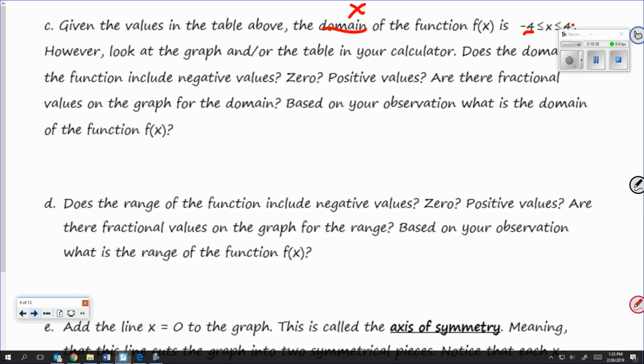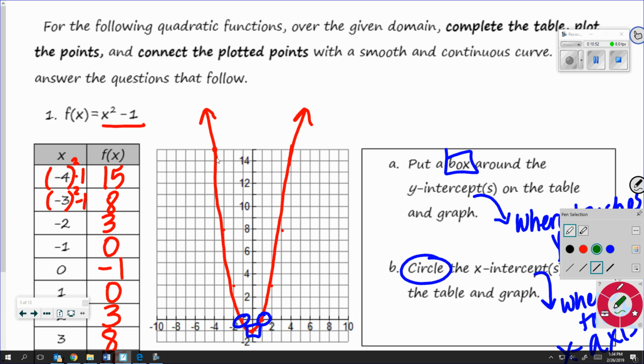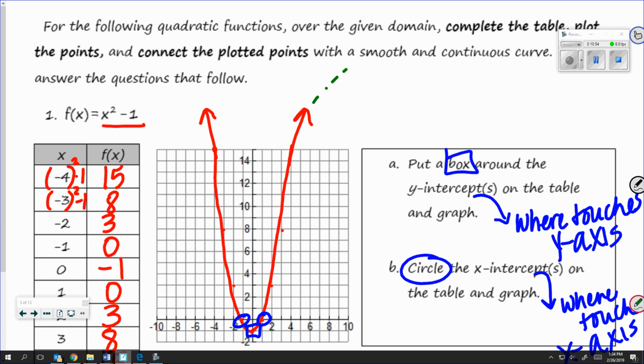We're not going to put it in our calculator today, but in a calculator, basically all it's doing is continuing on. So if there were arrows, what that means is it's going to continue out and continue on forever.